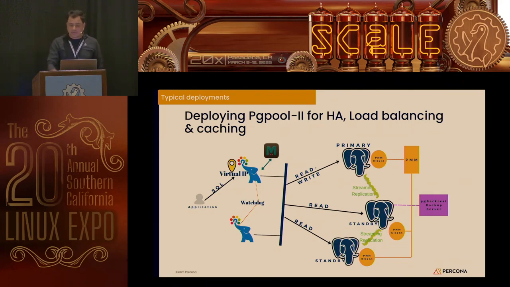Then you can add pgBackRest and PMM monitoring. This is the bird's eye view of a 3-node cluster with Pgpool for HA, load balancing, and query caching as well.